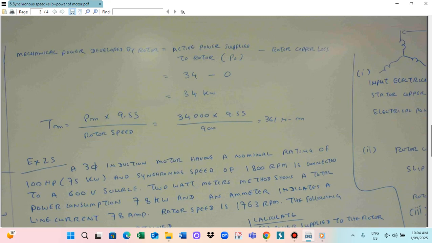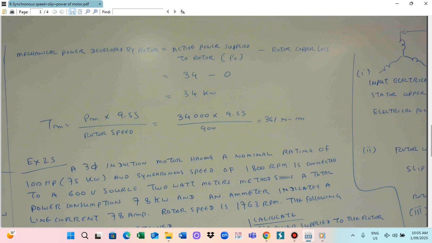This is P0 minus the rotor copper loss. So the active power supply to the rotor is 34, and rotor copper loss is not given, so you assume 0. That way it is 34 kilowatt.